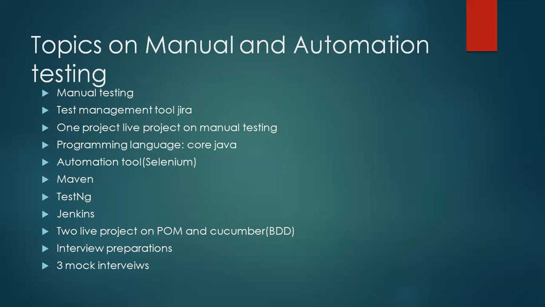In the remaining 5 weeks I will take core Java, and the remaining 3 weeks I will take the Selenium automation tool. We will discuss core Java, Selenium, Maven, TestNG, Jenkins, two projects, resume preparation, interview preparation, and mock interviews.